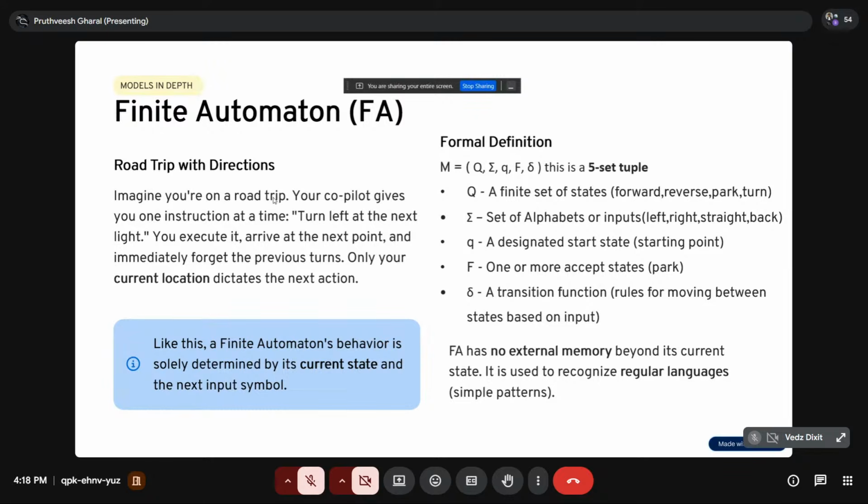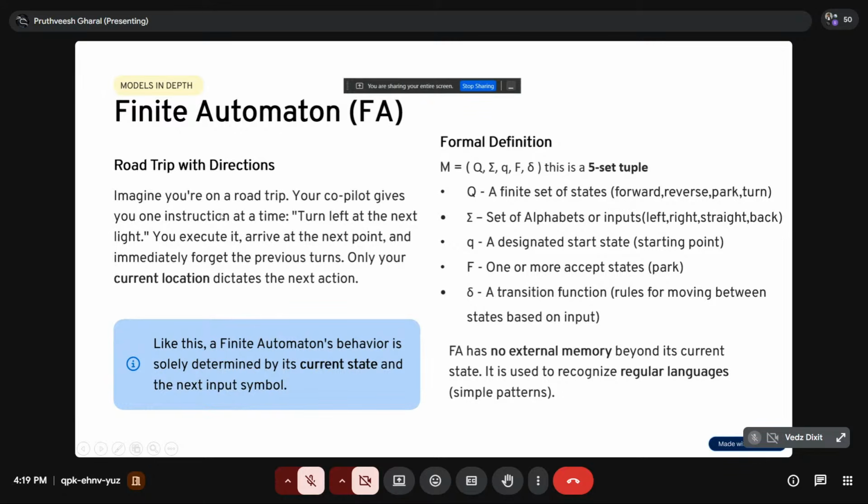That is a strange thing. But if we look at a finite automaton, it basically works like this. It knows the state in which it is currently in. So we know whether we are taking a turn, moving forward, moving in reverse, or parking our car.